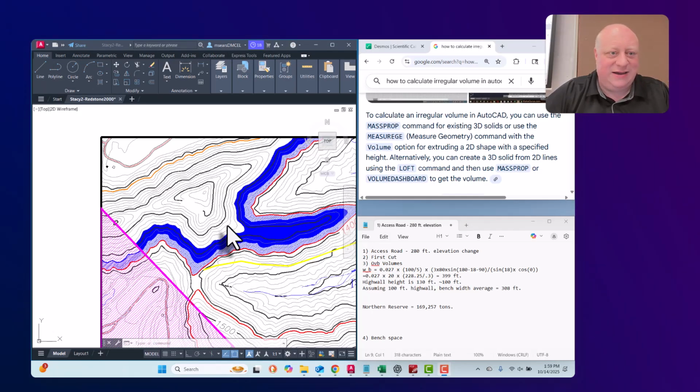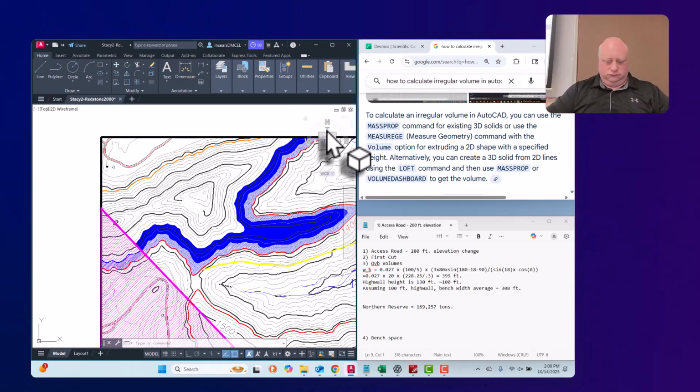And we're back for some more overburden calculations. Okay, so I'm going to calculate this using the volume calculation in AutoCAD, the measure geom command.